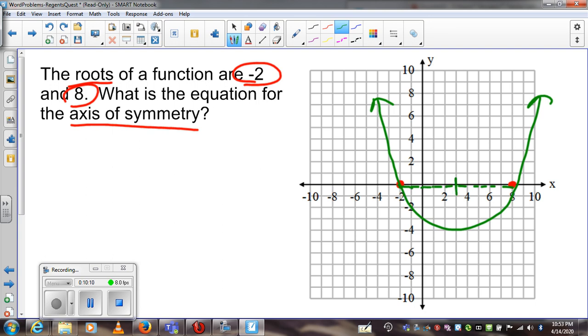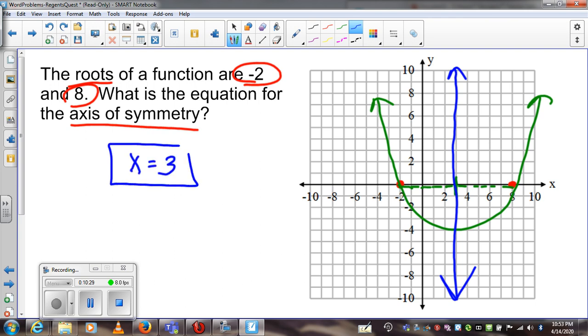This should be the middle right here. That should be my axis of symmetry. So I should have 5 equal spaces on both sides. 1, 2, 3, 4, 5. Yep, I have 5 equal spaces. So the equation for my axis of symmetry is x equals 3. I had no other choice but to do that question that way because they didn't give me any other information.